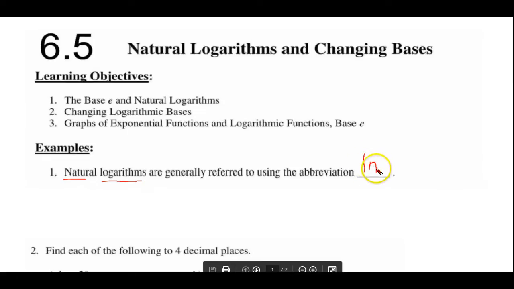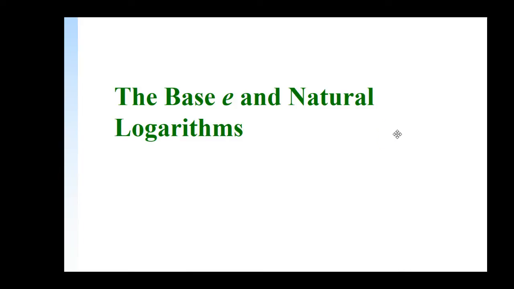So that's the symbol. Now, what I'm going to do, we haven't done this yet, is to use some of the PowerPoint slides that give you a nice introduction to natural logarithms. So here's the first slide, which is from the PowerPoint series.